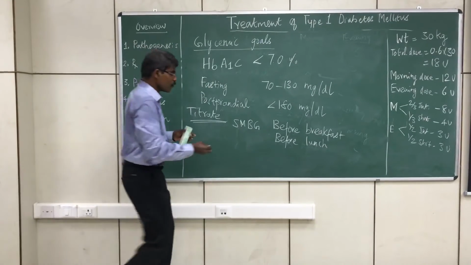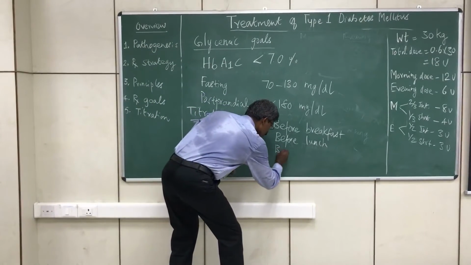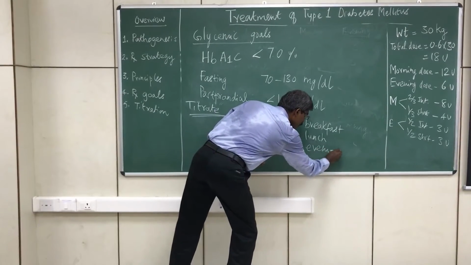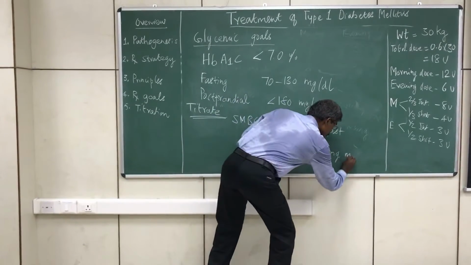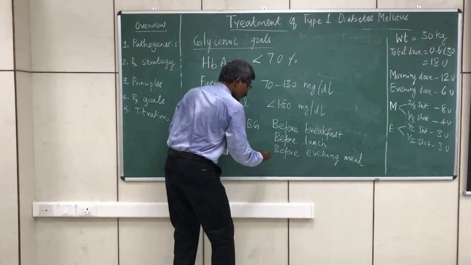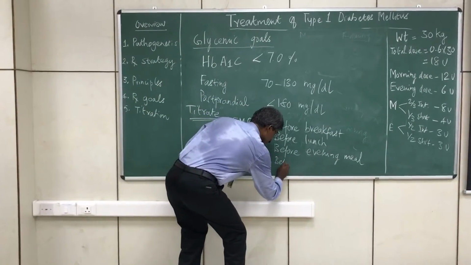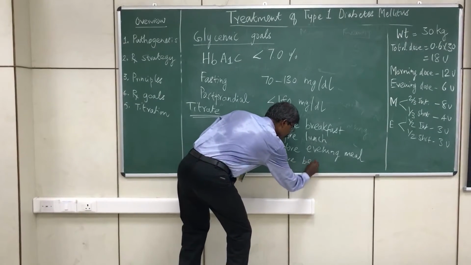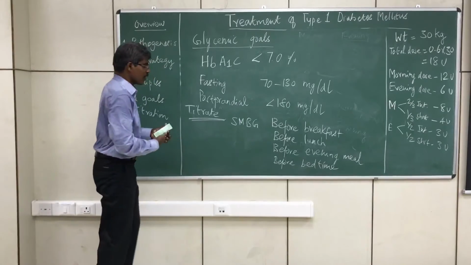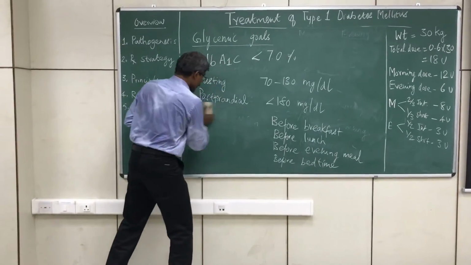What is their blood glucose before the evening meal? And finally, what is their blood glucose before bedtime? If you measure these 4 levels, we can very easily titrate.